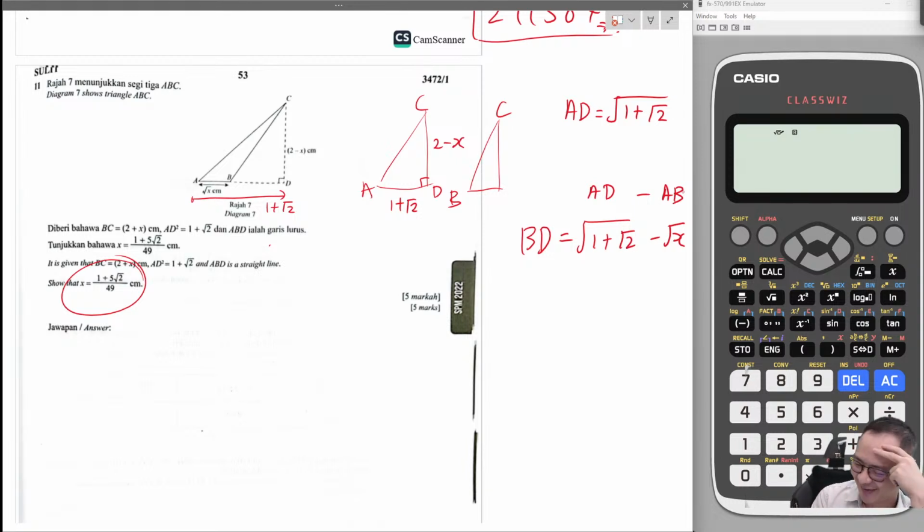Oh my god. Is there any shortcut I cannot see here? If I got the AC, AC has a number here, but it does not help me to find BC also. BD, BC.